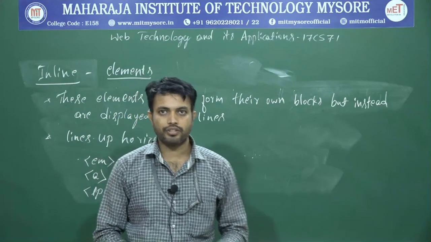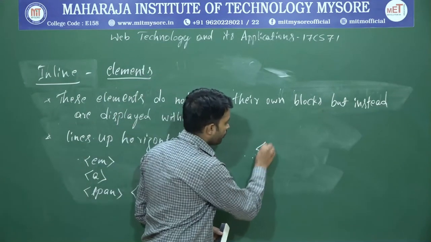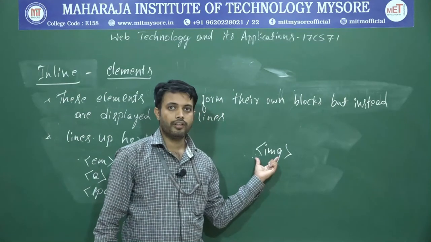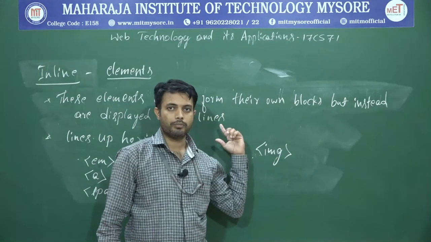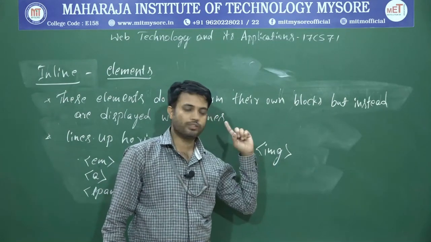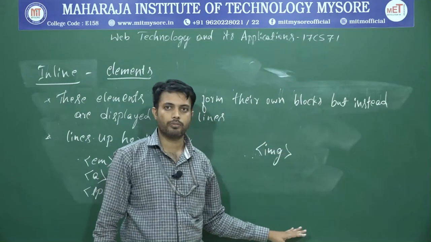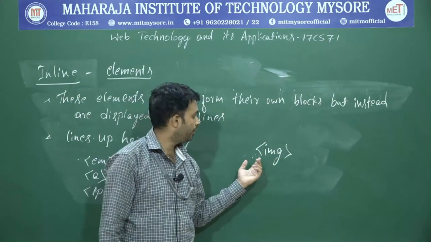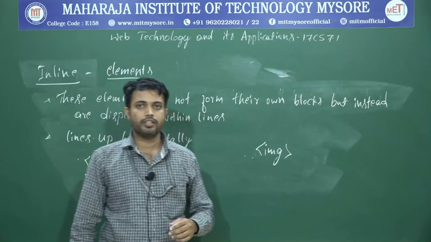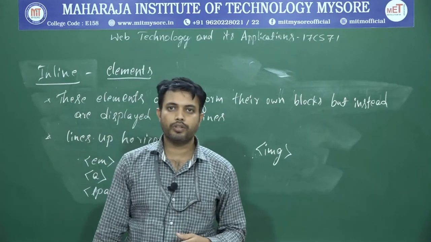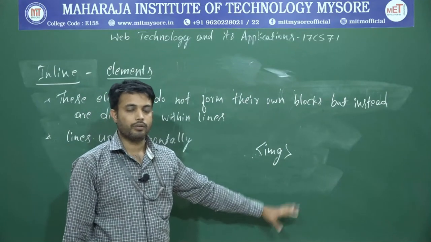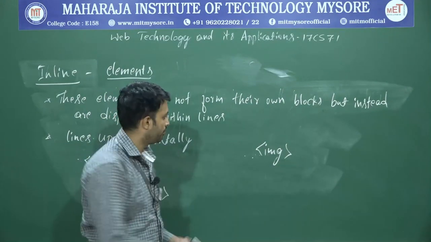For example, an image. Whenever you use the image tag, that image will be loaded from an external source. That means that image is stored somewhere else and is not a part of this HTML document, right? That is a replaced inline tag. So what about non-replaced? The content which needs to be displayed is part of the HTML tag itself, the HTML document itself.